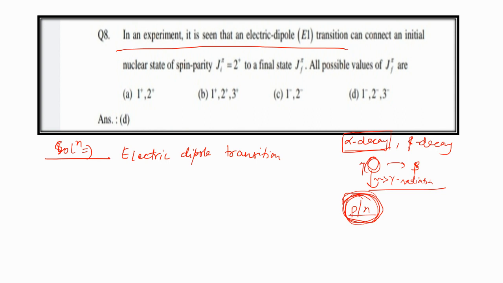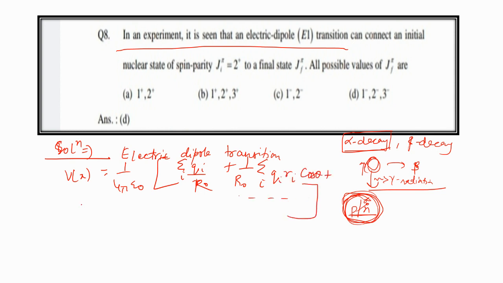Now the potential of these protons and neutrons at any point x can be expanded as V(x) equals 1 upon 4 pi epsilon naught, qi upon r naught, plus 1 upon 4 pi epsilon naught, qi upon capital R, cos theta, plus some other terms.